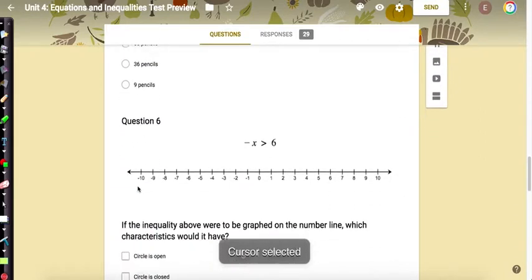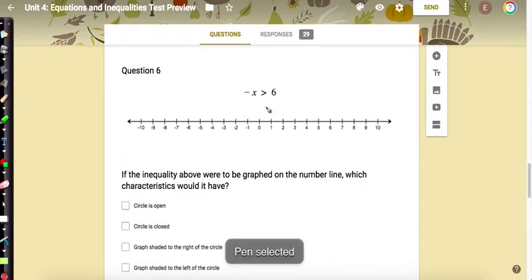Okay, moving on to number 6. Remember, when we see a negative variable, we want to make it positive. So switch these up here. The 6 would move over here and become negative 6, and the x would move over here and become x. Remember, for shading purposes, we always read it from the letter, so x is less than negative 6.